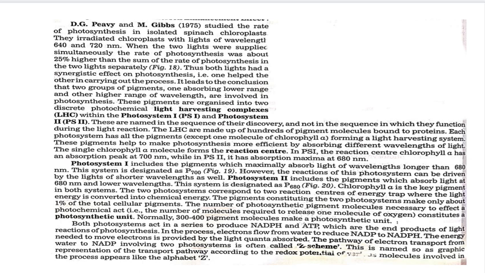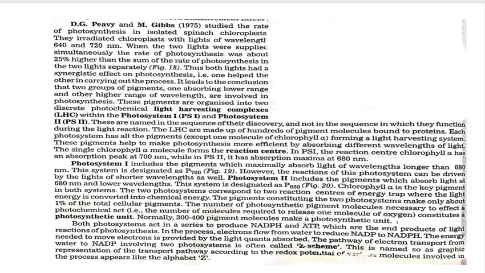Chlorophyll a is the key pigment in both photosystem 1 and photosystem 2, and they correspond to two reaction centers, or energy traps, where light energy is converted into chemical energy. The pigments which constitute the photosystems make only about 1% of the total cellular pigments. The number of photosynthetic pigment molecules necessary to effect a photochemical act constitutes the photosynthetic unit.